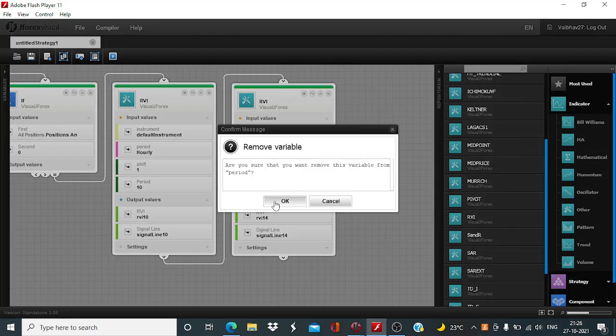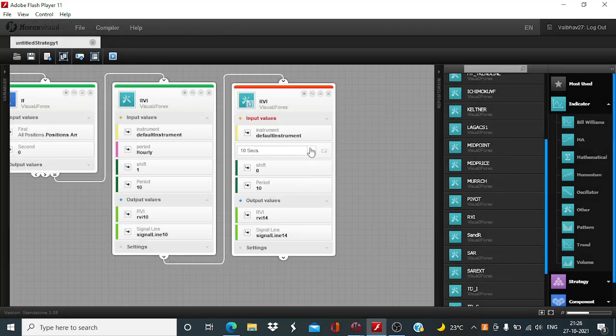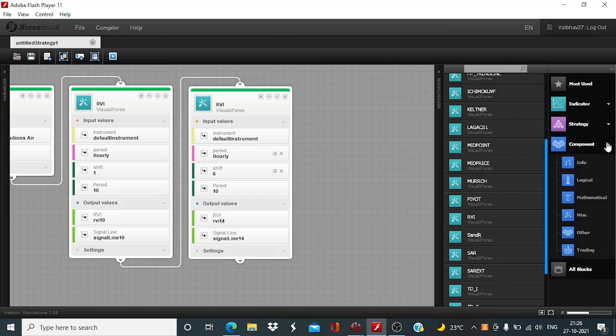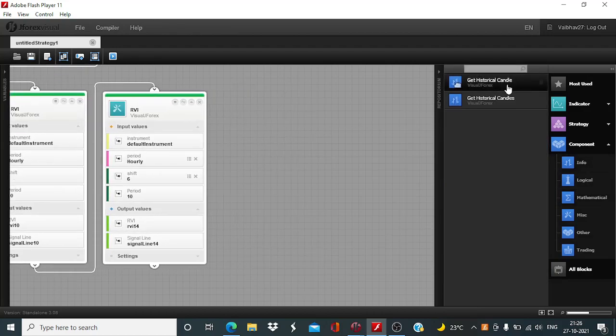This will be changed to hourly. Shift value will be changed to 6. Now, as I said, we are also relying on the historical data, historical price data. So for that, we are going to need info components.